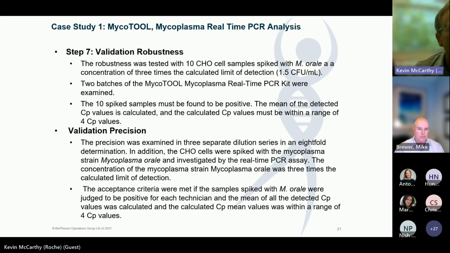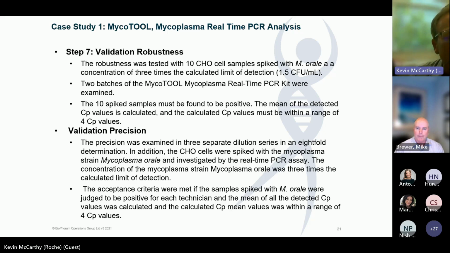Okay, then we looked at the precision, and the precision was examined on 3 separate dilution series in an 8-fold determination, again to give us 24 data points. In addition, the CHO cells were spiked with Mycoplasma orale and investigated by the real-time PCR assay.